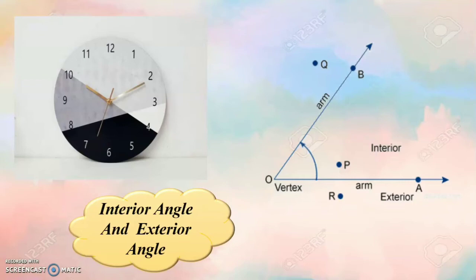Now, let's see one sum based on interior and exterior angle. This is an angle given, that is angle PQR. Now we have to note down the points which form the interior of an angle.